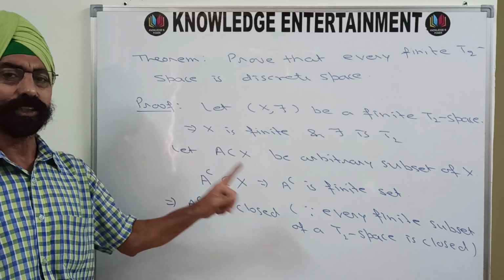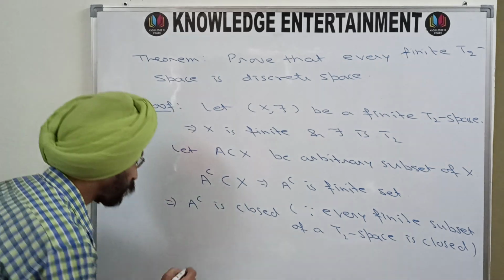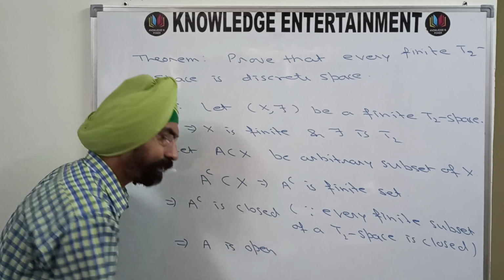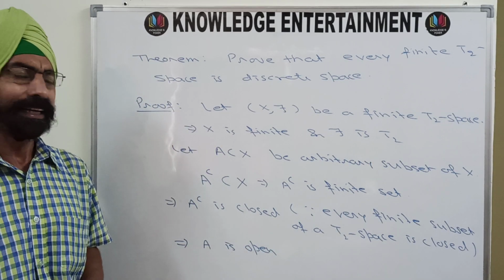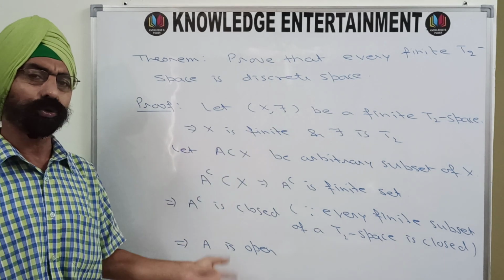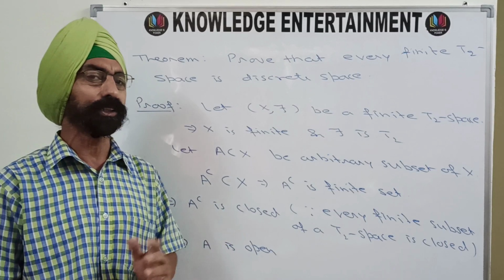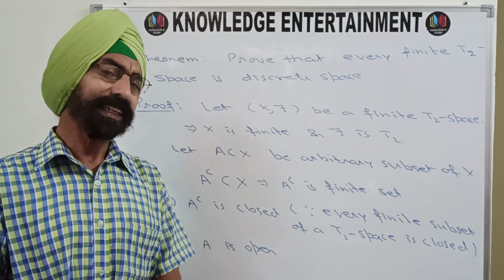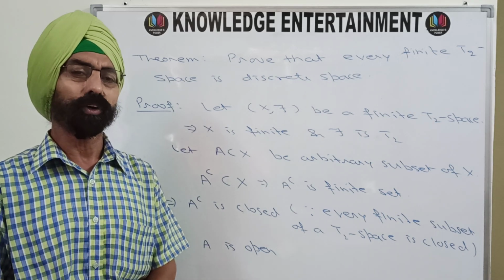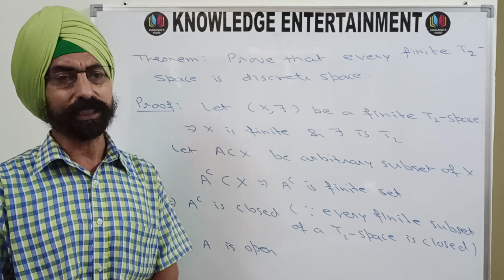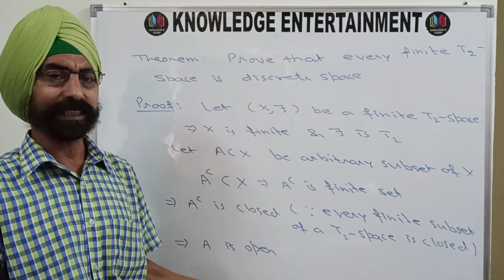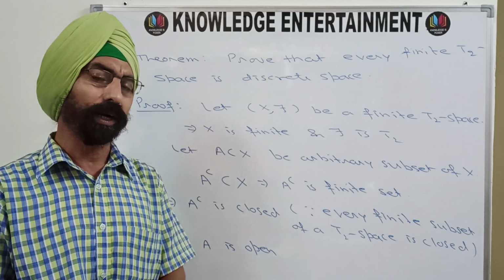Now A complement is closed. If A complement is closed, then A is open. And what was A? A was an arbitrary subset of X, and we have shown that it is open. That means every subset is open. And when every subset of a topological space is open, the topology is the discrete topology. So this is a discrete space, and that is what we were required to prove.